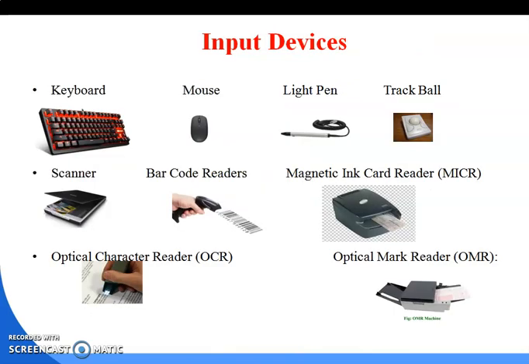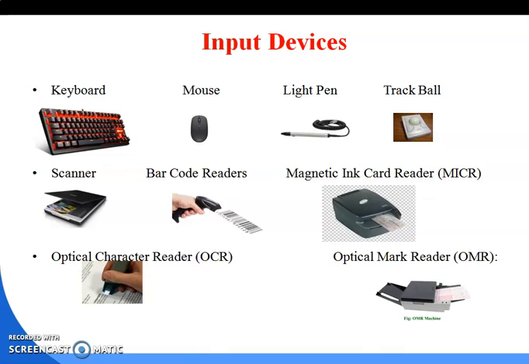So next is input devices. Now let us discuss the input devices. There are many input devices used in your computer system. The first on this list is your keyboard, right? So what is the keyboard? Keyboard is an input device. It is of two types: one is wire-based, another is wireless.